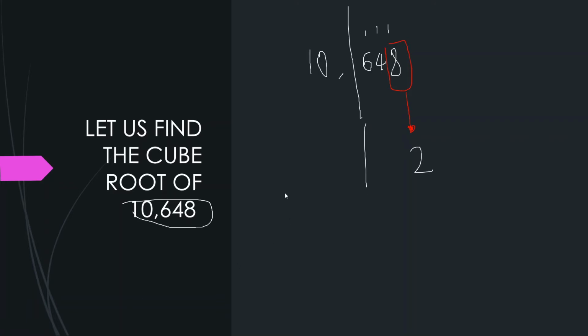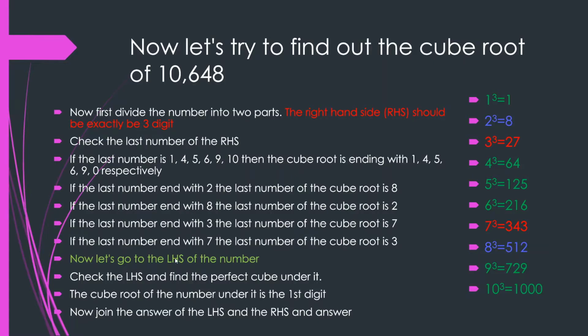Now let's go to the LHS of the number. Check the LHS and find a perfect cube under it. The LHS over here is the number 10. Let's see the cubes. 10 is not a perfect cube, so let's find a number which is just under 10. Is 9 over here? No. Under 9 comes 8, and 8 is there.